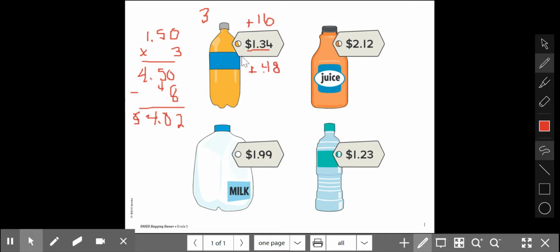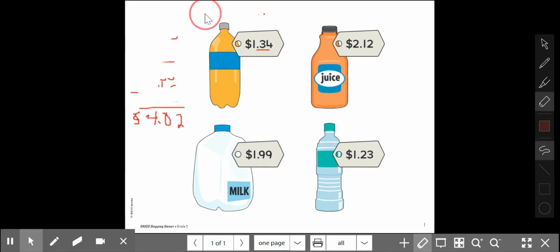I'm going to show you a separate way that I could do this. I mentioned that I could go down to $1.25, so $1.25. Let's see what happens when I do that. To get to $1.25, I'm going to be subtracting. So where last time I added, this time I'm going to subtract, and I've got almost 10 cents. If I subtract 10 cents, I'm almost to $1.25. If I subtract 9 cents, it's what I'm really going to need to do.